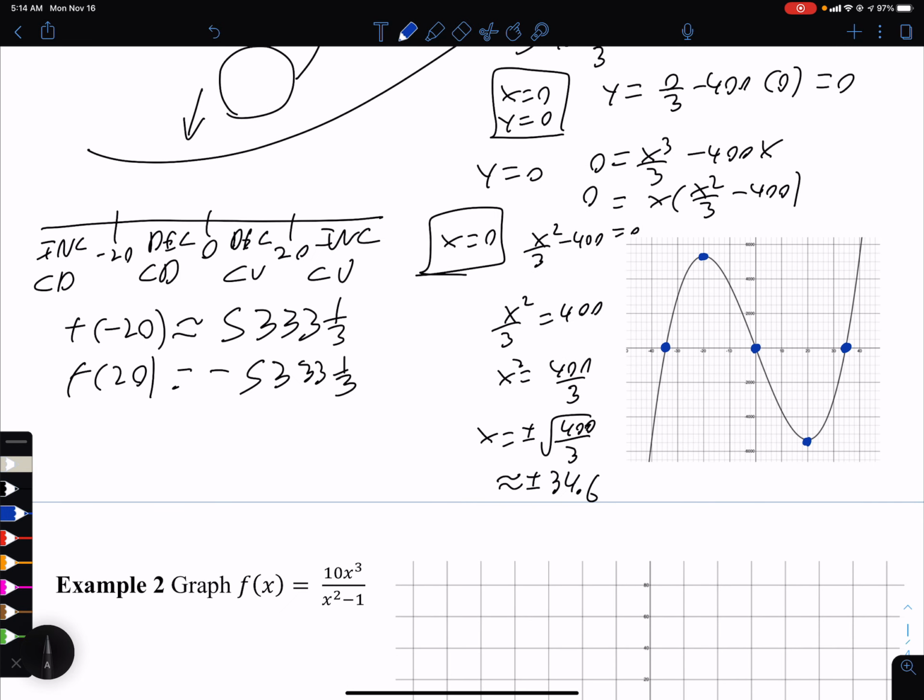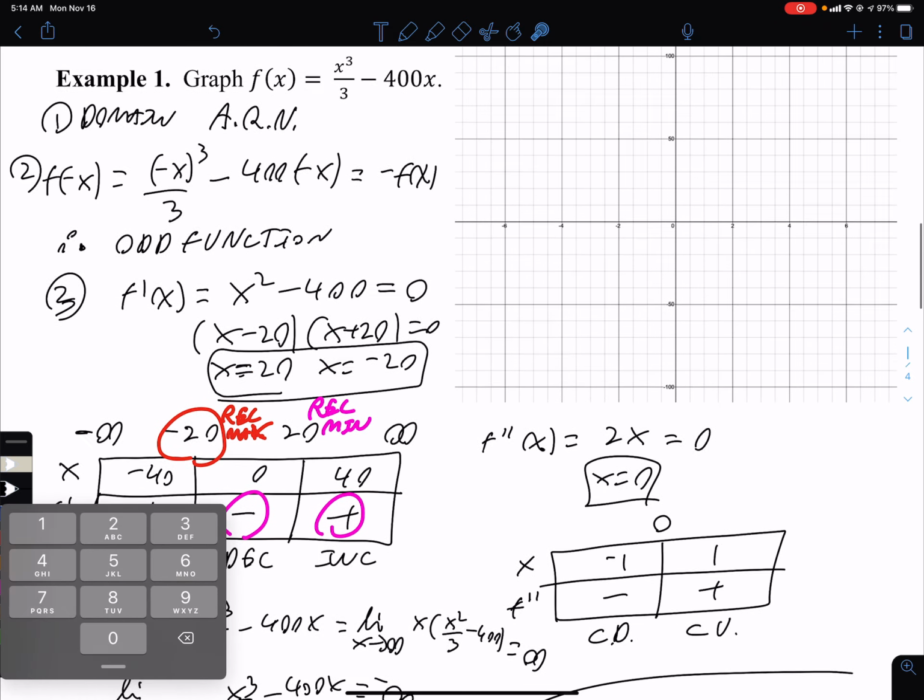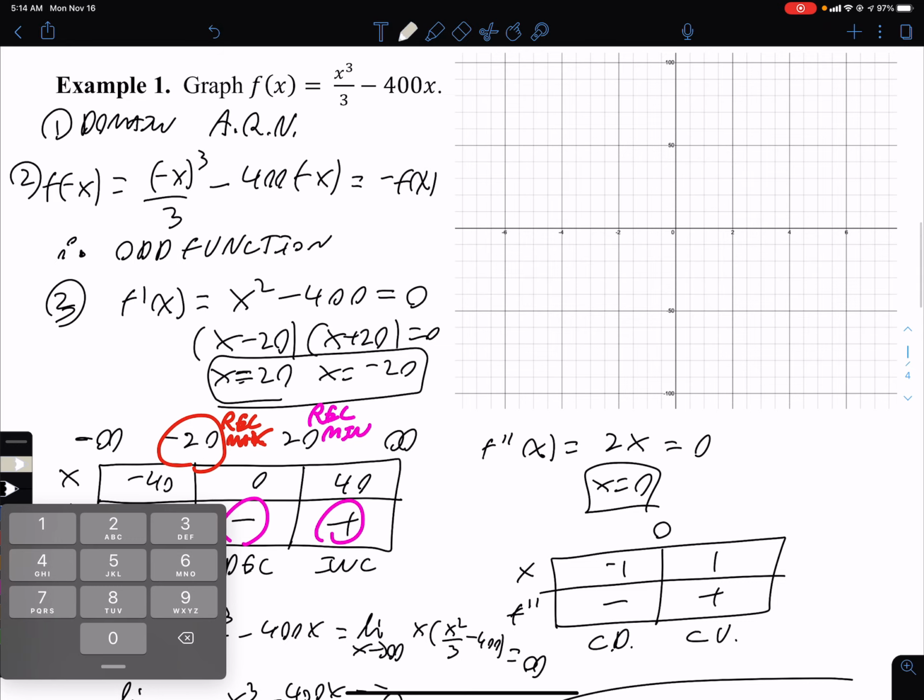Now we do this. To the left of negative 20 is concave down. Concave down looks like that. What does the increasing part look like? It looks like that. So that will be left of negative 20. But look, here's negative 20. We do that, and we graph that. Now, I was supposed to be doing that up here, but I put the wrong graph, so it got all confusing.